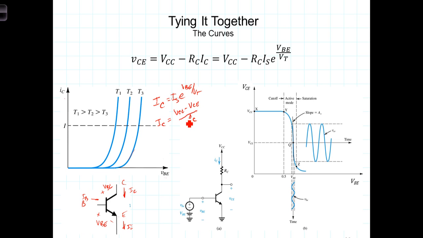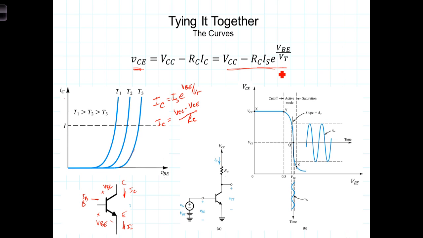So if we take this equation and rearrange it, we can solve for VCE. We then have VCE is equal to VCC minus the voltage drop across this resistor, or VCE is equal to VCC minus I sub c times R sub c. If we then place in for I sub c the exponential relationship, we find this expression here.